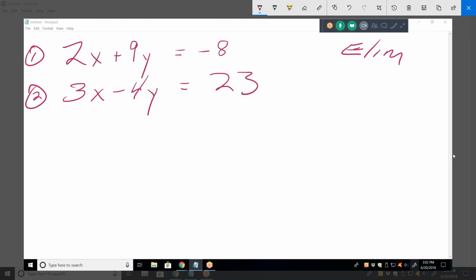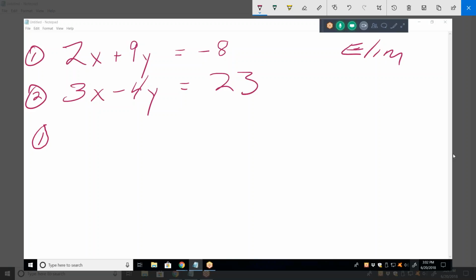So I can multiply the top one by 3 and the bottom by 2. Actually, let me make a suggestion. Instead of multiplying the top one by 3 and the bottom one by 2, let's do the top one by 3 and the bottom one by -2.